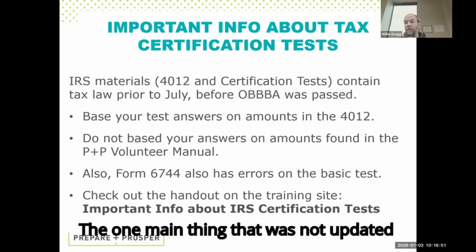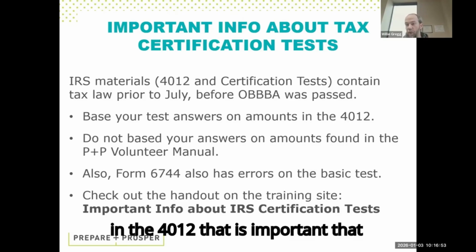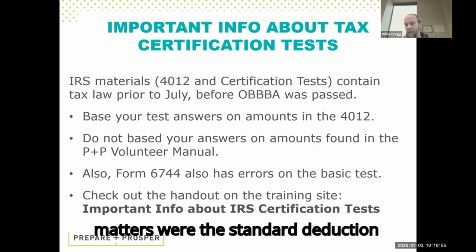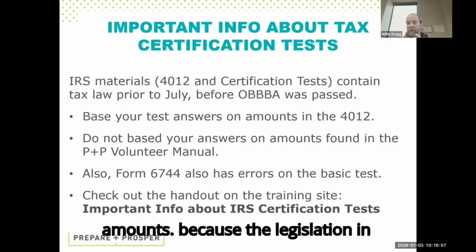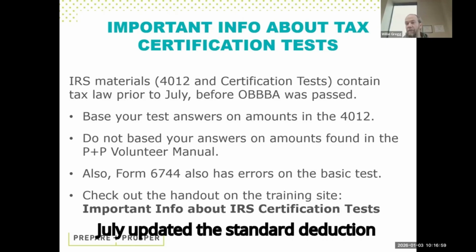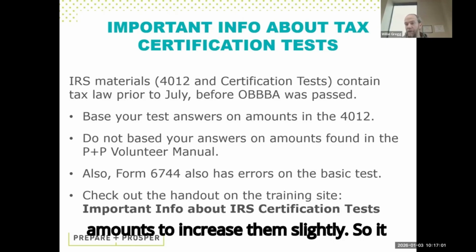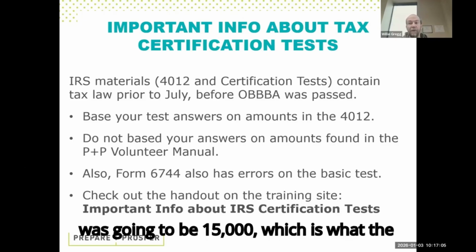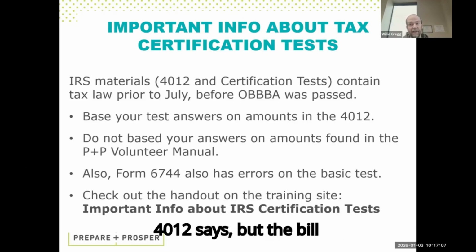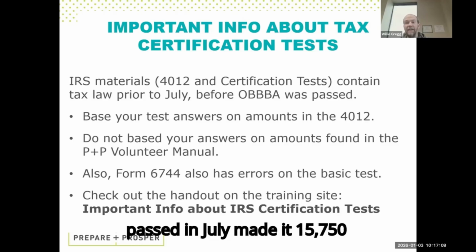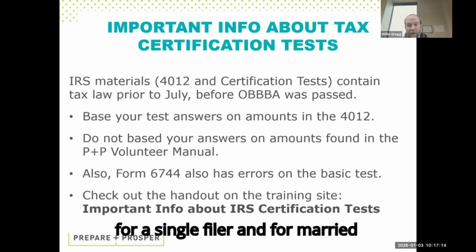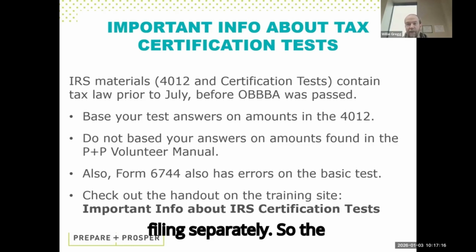The one main thing that was not updated in the 4012 that matters is the standard deduction amounts, because the legislation in July updated the standard deduction amounts to increase them slightly. So it was going to be 15,000, which is what the 4012 says, but the bill passed in July made it 15,750 for a single filer and for married filing separately.